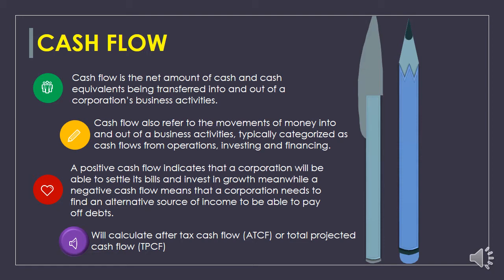What is cash flow? In this chapter, we focus on how to construct the cash flow, so at first you need to understand what cash flow is. Cash flow is the net amount of cash and cash equivalents being transferred into and out of a corporation's business activities. Cash flow also refers to the movements of money into and out of business operations, typically categorized as cash flow from operations, investing, and financing.